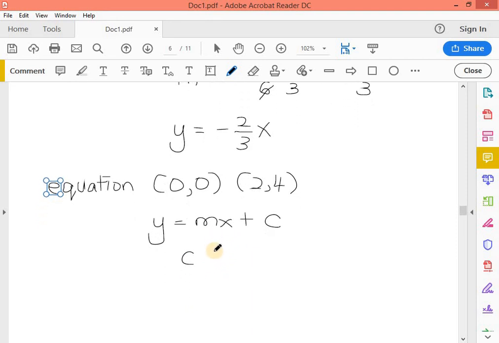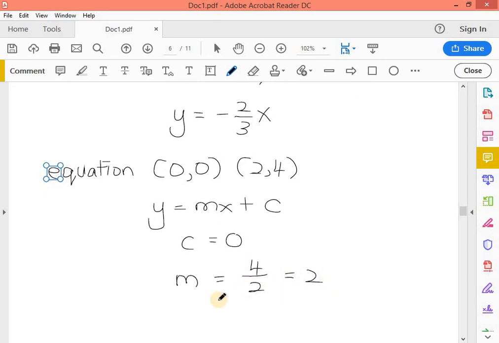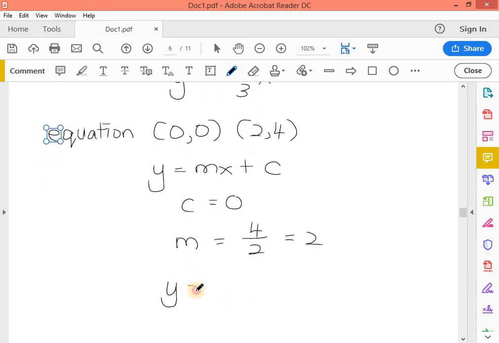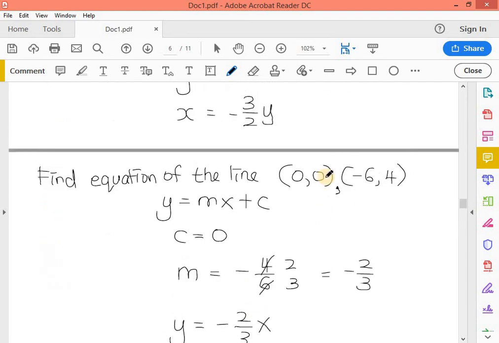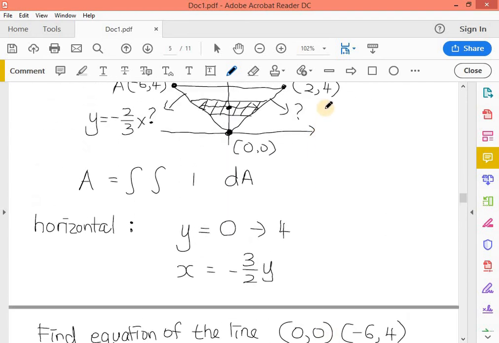Your c is 0. Your m is a positive value, so it will be 4 over 2, which is 2. So your equation will be y equals 2x. I put it here. Just now when I referred to the left, I got this one. When I refer to the right, I will get y over 2.